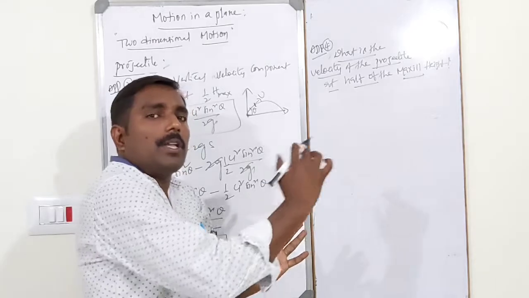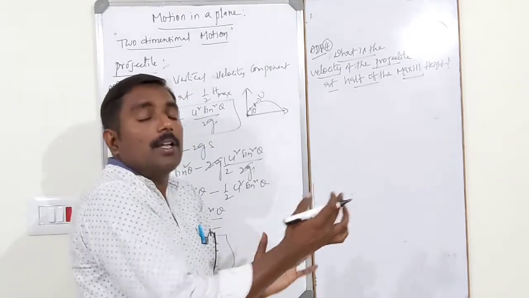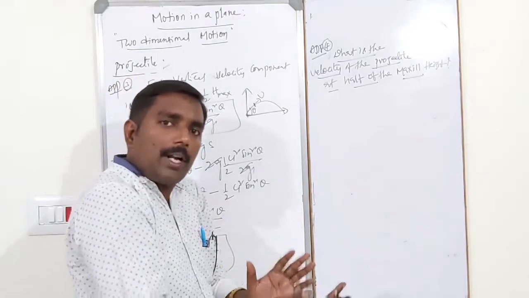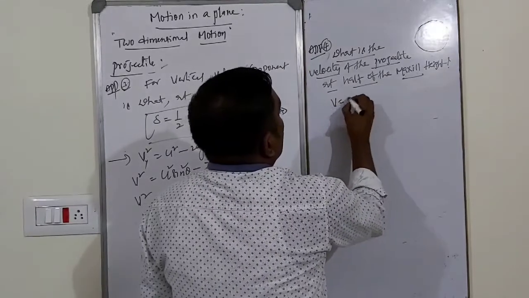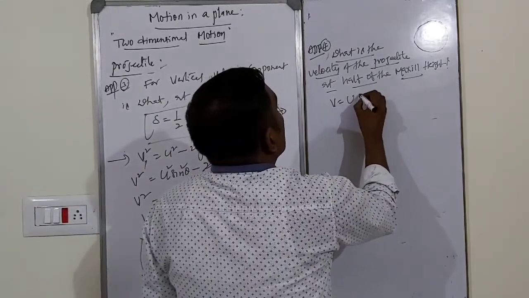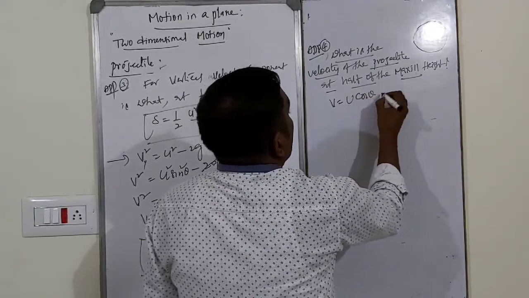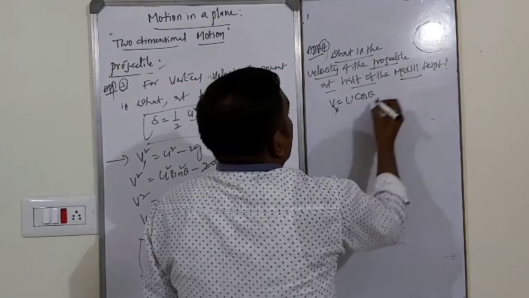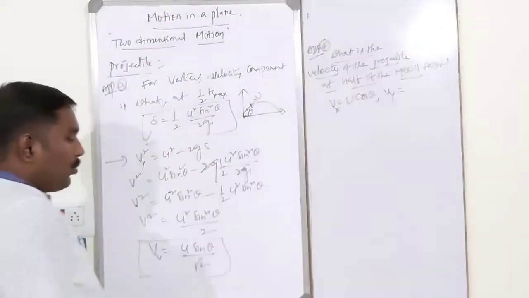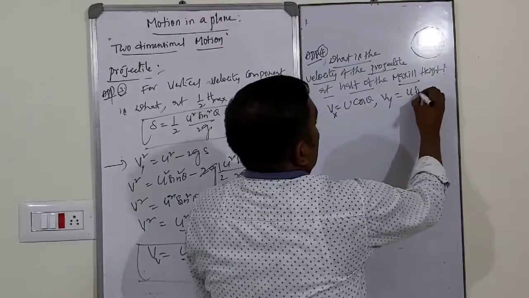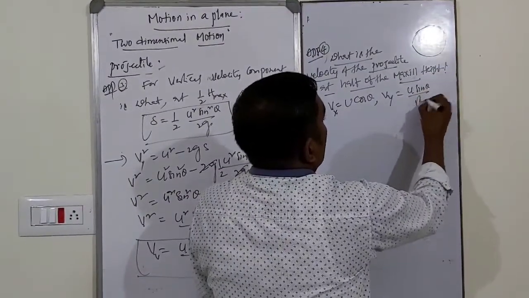Whenever the body reaches half of the maximum height, the body has a vertical component and a horizontal component. Horizontal component is u cos theta, that is vx. Vy is the vertical component, already we know, u sin theta by root 2.